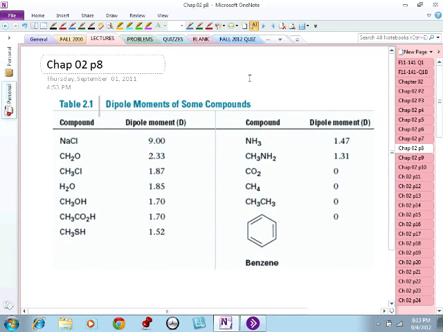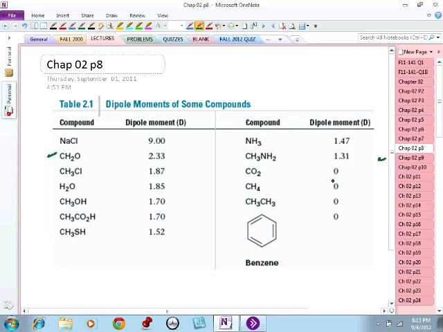Okay, just to finish up on dipole moment, what you have here is a table from your textbook which lists a series of compounds with different dipole moments. As you can see here, most organic molecules have a dipole moment less than 3, ranging from about 3 to about 1.